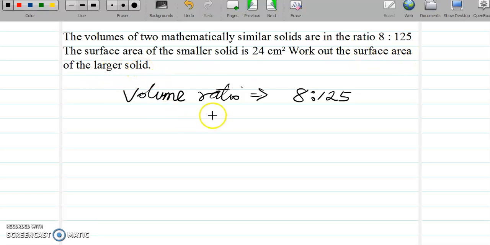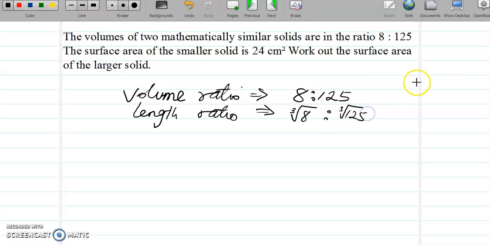First of all, since the volume ratio is this, I'm going to find the length. Always find the length. Always find the length. The length ratio will give me the cube root of 8 is to the cube root of 125, because length is x is to y and volume is x cubed is to y cubed.